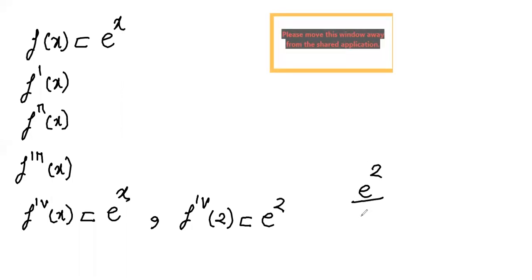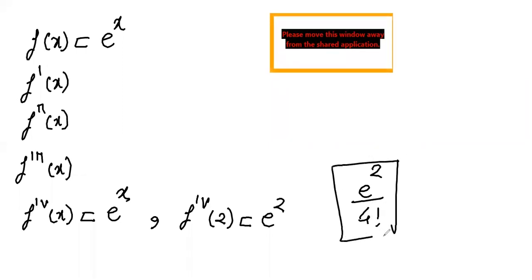So f 4 times differentiation at 2 is e square. So coefficient is e square upon 4 factorial. This is the correct answer. Yeah, 24 or 4 factorial, both is same, because 4 factorial is 4 into 3 into 2 into 1.